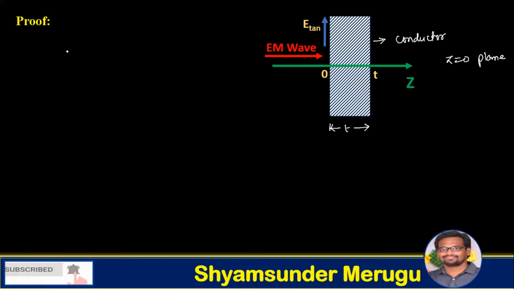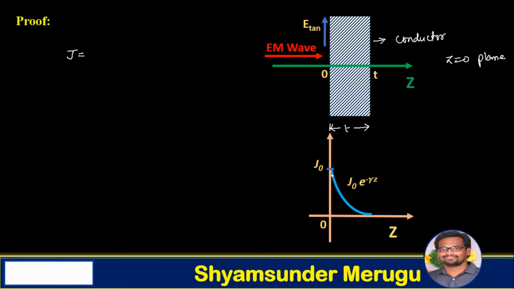The current density is J, and it is distributed exponentially inside the conductor. This current density J has the magnitude J0 at Z equal to 0. As we move inside, it is exponentially distributed.